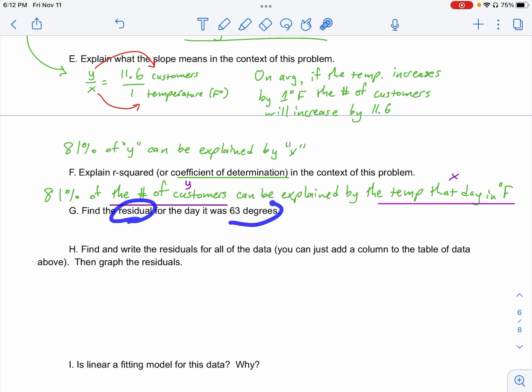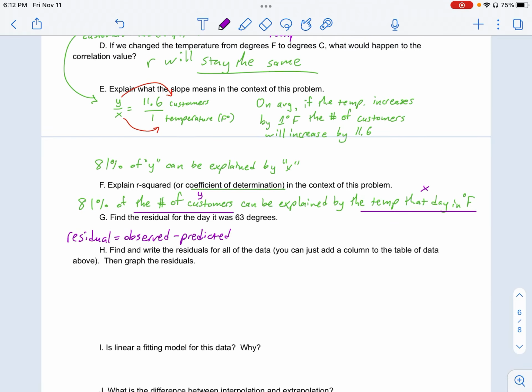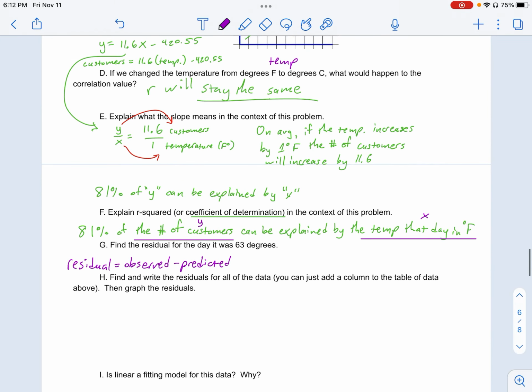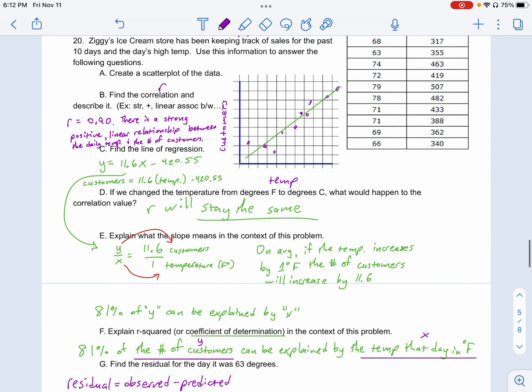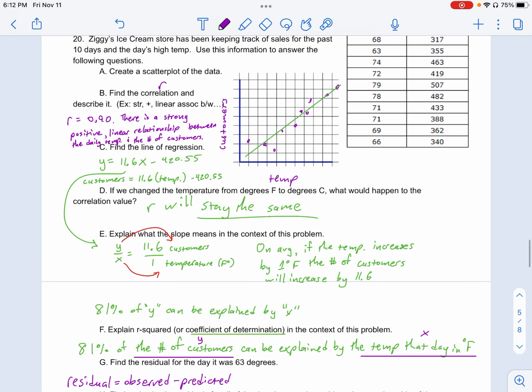All right, find the residual for the day it was 63 degrees. A residual is the observed value that day minus the predicted value of that day. Let me find where this is in the table.